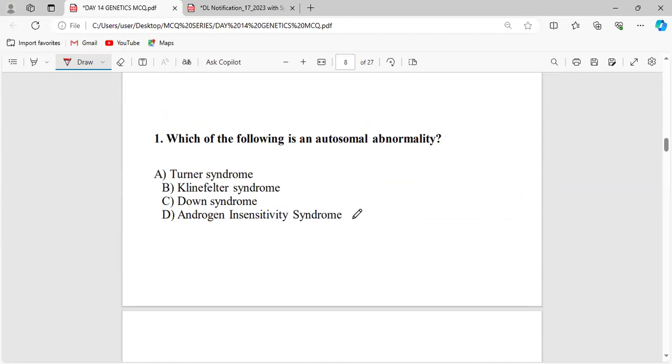Now come back to the question. Which of the following is an autosomal abnormality? Oh, I forgot to add syndromes. Just answer this question.